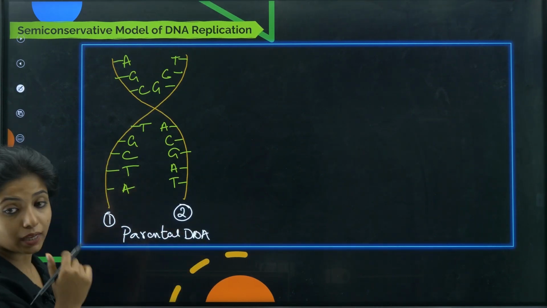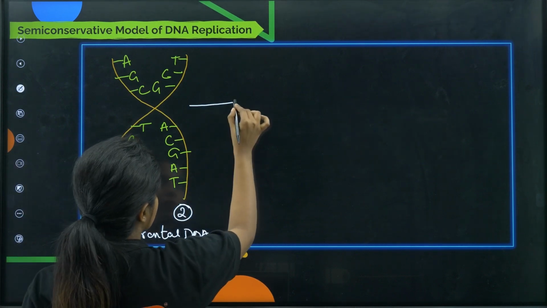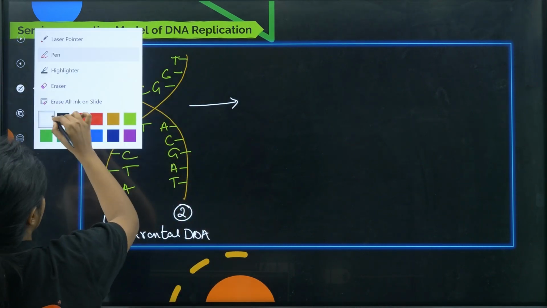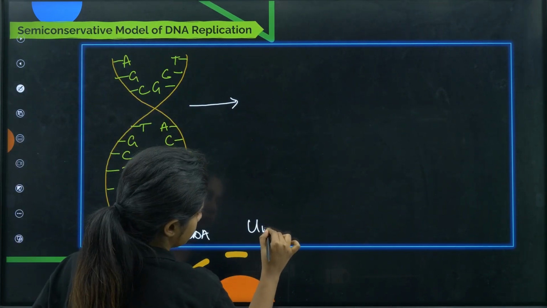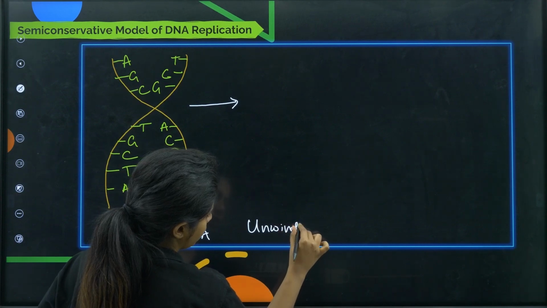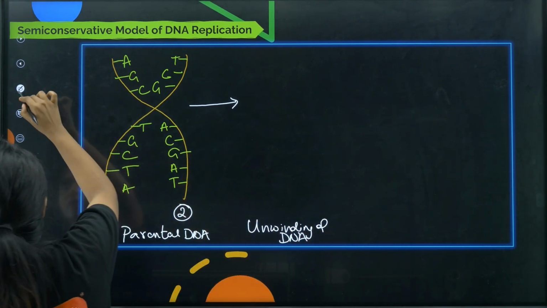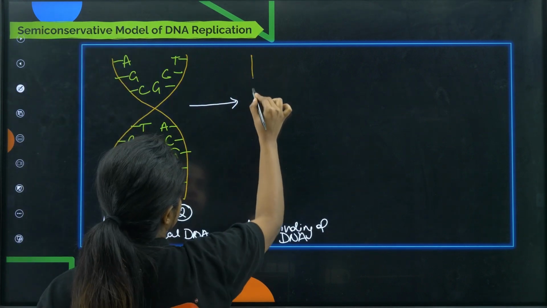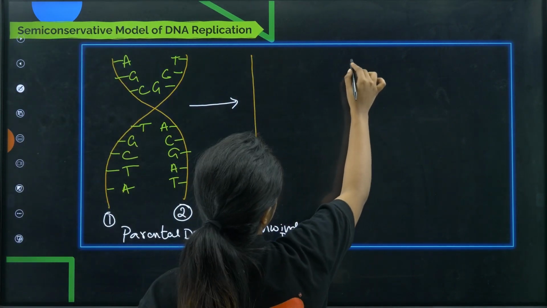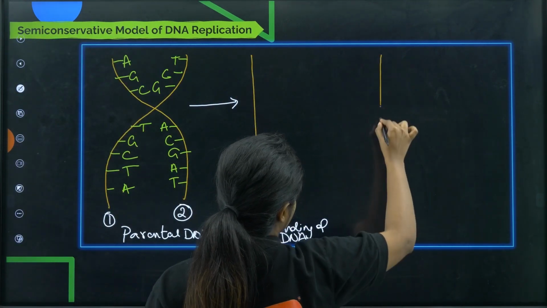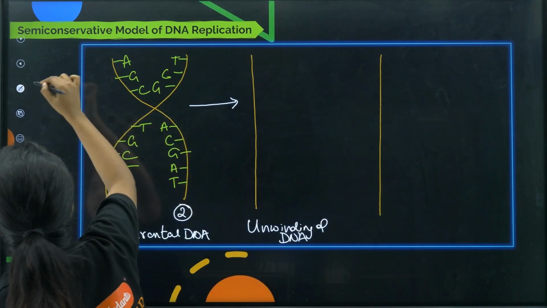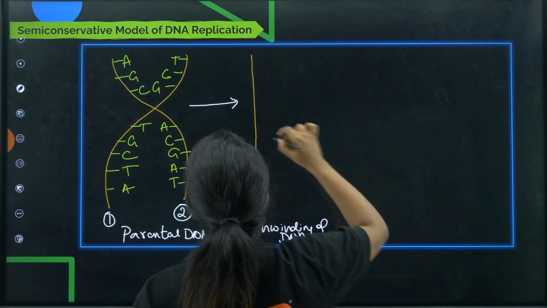Now, I want to make a copy. So for that, what will I do? The first thing that I will do is unwinding of DNA. I will try to open the helix, and now it will look like this. I am making it at a distance so that I can do everything here itself. I should make it with much more distance.